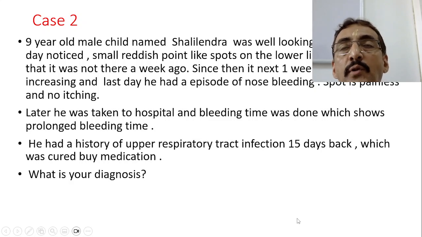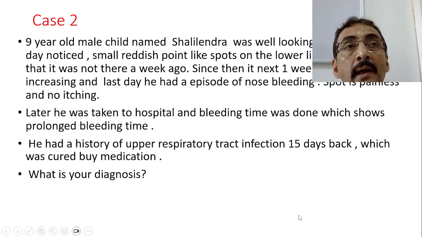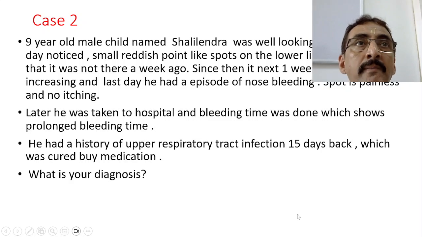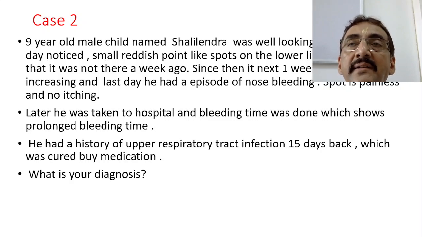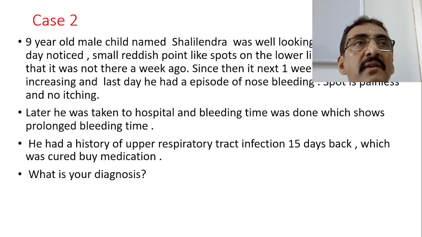These are produced by our own immune system as a reaction to the upper respiratory tract infection by the virus. These antibodies, targeted against the platelets, start attacking the platelets, and the platelet count comes down. When it comes down considerably, to less than 2.5, the spots appear. Since the bleeding time is increased, that suggests there is definitely a platelet problem.